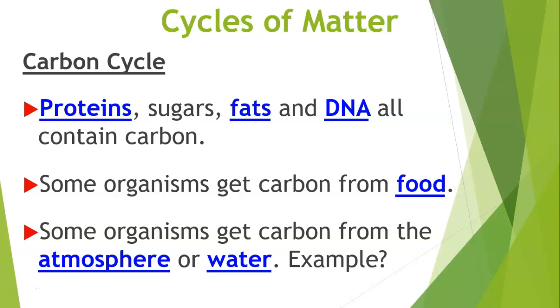For example, plants get their carbon from the atmosphere, or at least some of their carbon comes from the atmosphere. So they take in carbon dioxide. Carbon dioxide has carbon in it. They take in the gas carbon dioxide and they use that gas in the process of photosynthesis to form oxygen and sugars.